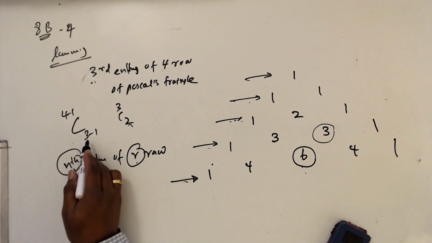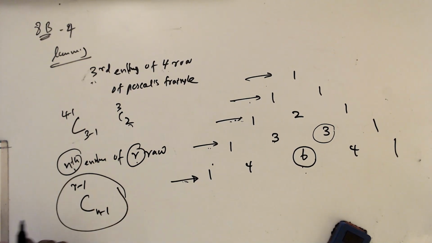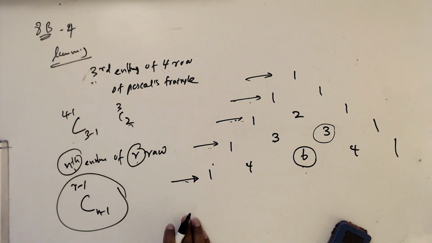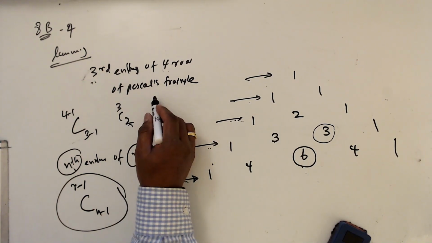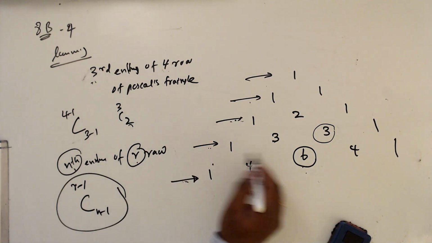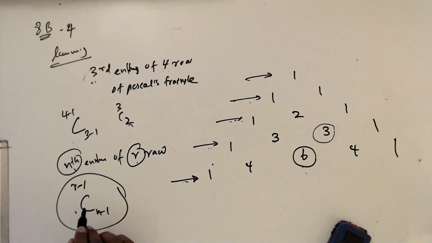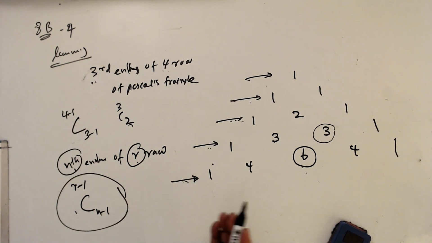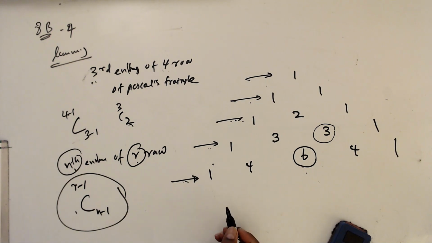So 1 less than the value, n minus 1. So this is the relationship: if you know the entry and the row in a Pascal triangle, then this is equal to this formula. It means always row minus 1 and entry minus 1.